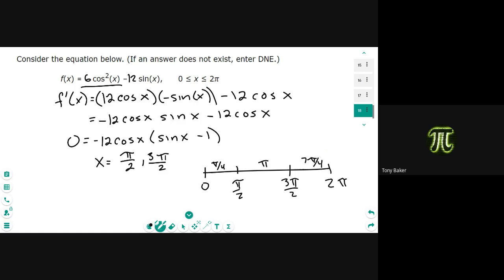So let's plug in negative 12. We're still looking at my second or first derivative.